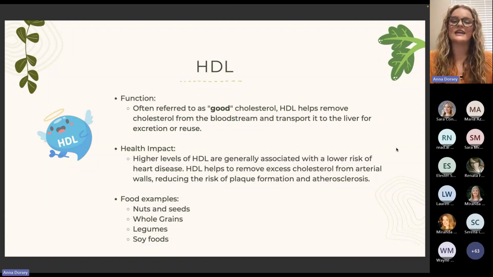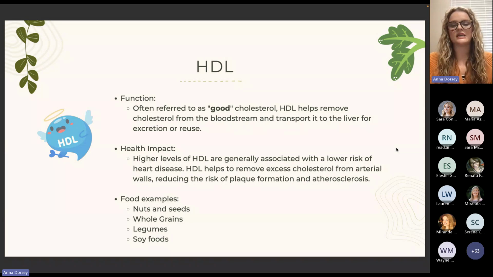So, as I've already said, HDL is often referred to as good cholesterol. Basically, how HDL works is it removes cholesterol from the bloodstream and transports it to the liver, where it either excretes it out of the body or reuses it. High levels of HDL are generally associated with a lower risk of heart disease.